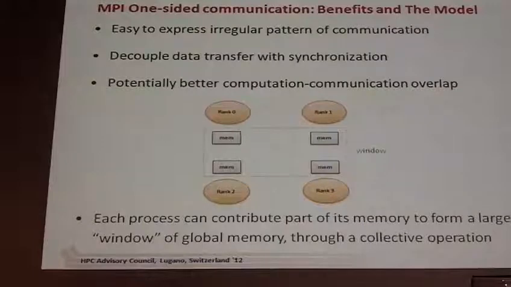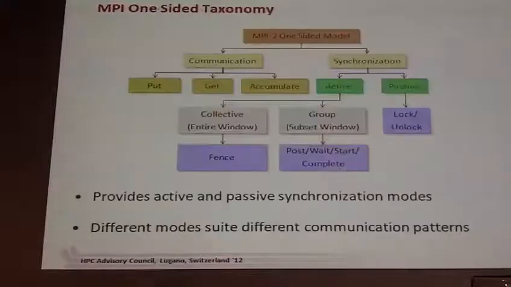The way it works, typically you take some memory from every rank and create a window. Each process contributes part of memory to form a larger window of global memory through a collective operation, and after that you can do get and put operations. There are a lot of different semantics in the MPI 2 one-sided. The broad thing is put, get, or accumulate, that is the communication, but it is also associated with synchronization, because now different processes are interacting with each other, so we need to make sure that if somebody is writing to my memory, how should I take it?